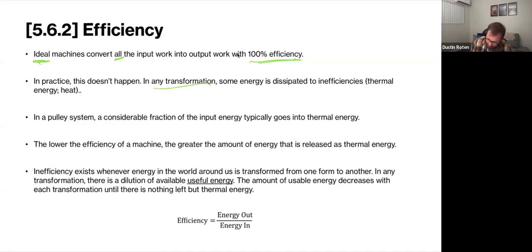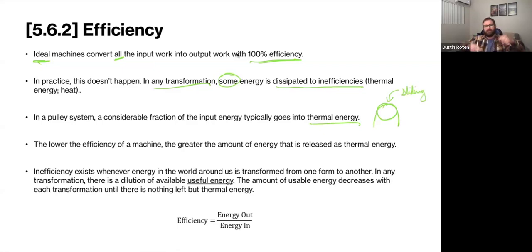So in any transformation, some energy is dissipated due to inefficiencies. And this is like through friction and sound and things like that. Actually, in a pulley system, a considerable fraction of the input energy is lost to friction or thermal energy. That's just because in a pulley system, you get a lot of sliding.